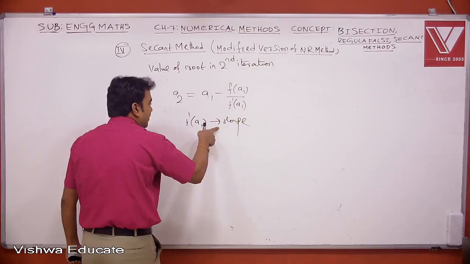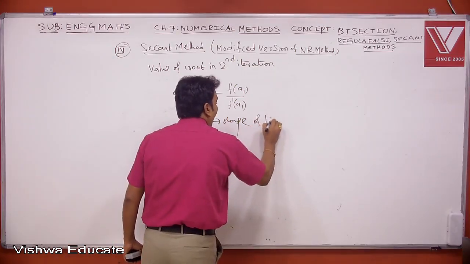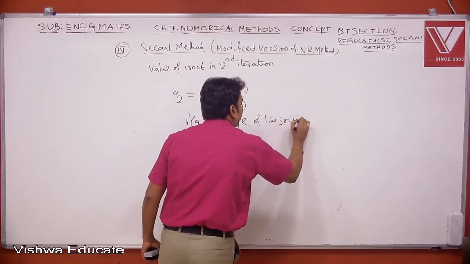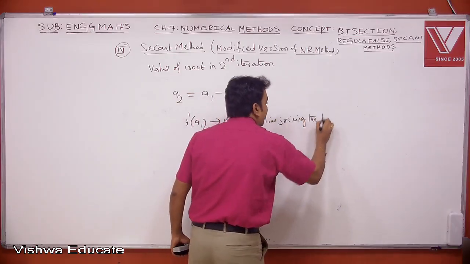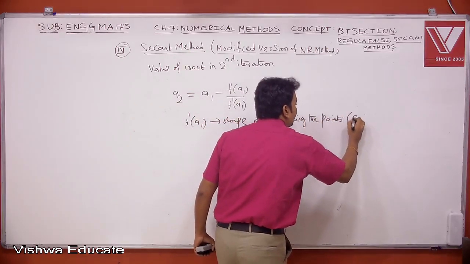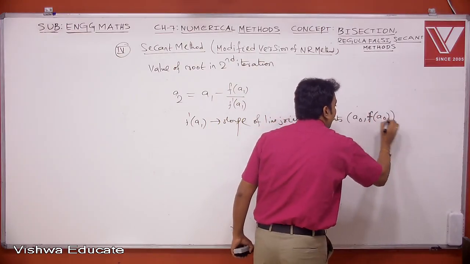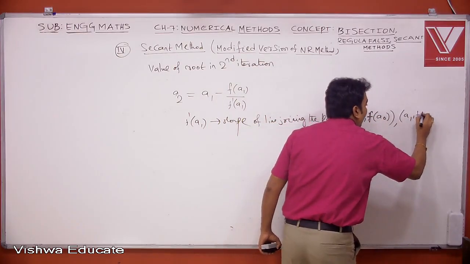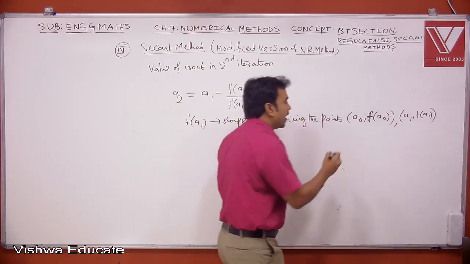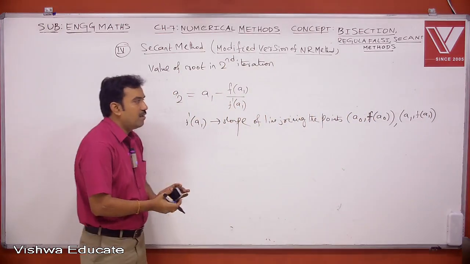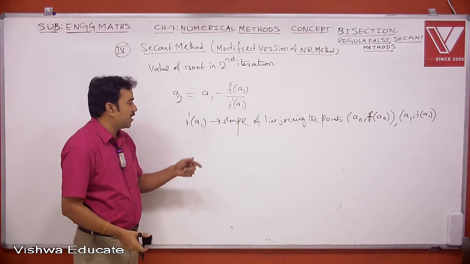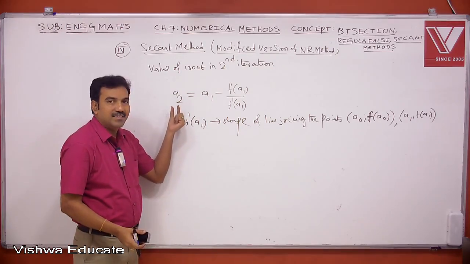So in fact this is nothing but the slope of the line joining the points a0 comma f of a0, and a1 comma f of a1. Here a0 is the initial approximation, a1 is the value of root in the first iteration, and a2 is the value of the root in the second iteration.